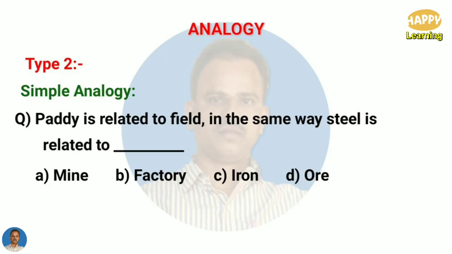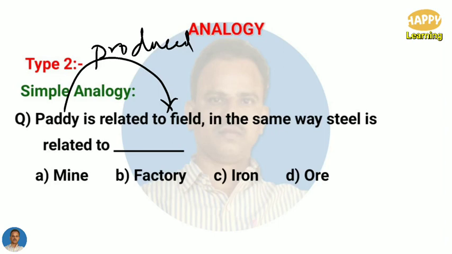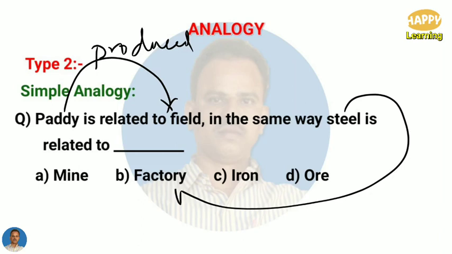See, paddy is produced in the field, cultivated in the field. Similarly, steel is made in the factory. Ore is dug from the mine, so mine is a place. Iron is not made directly. So steel is made in the factory.